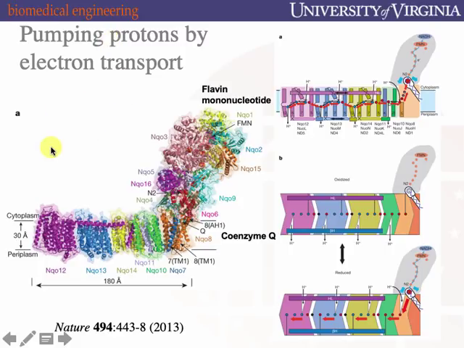The first step is the transfer of electrons from NADH only onto another coenzyme that's bound to complex 1 called flavin mononucleotide. If the electrons leave NADH, it converts back to NAD. Those electrons go on to the flavin mononucleotide, FMNH2.